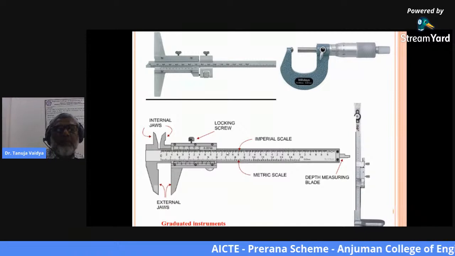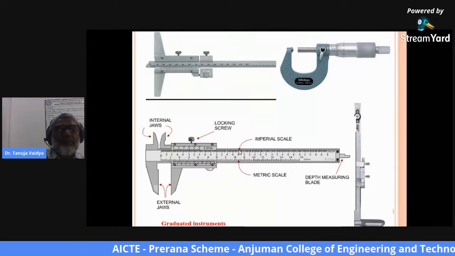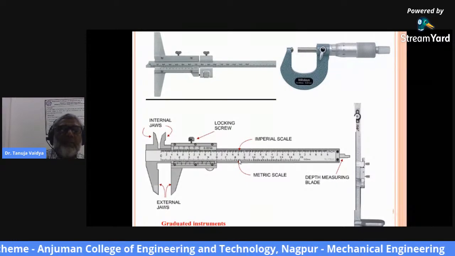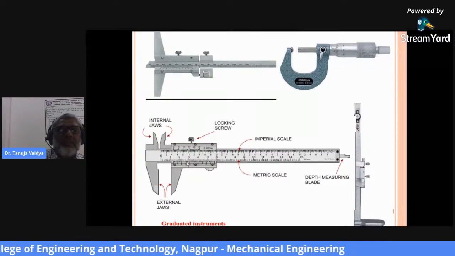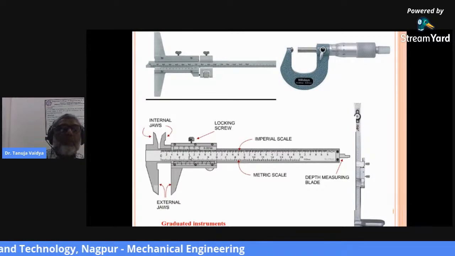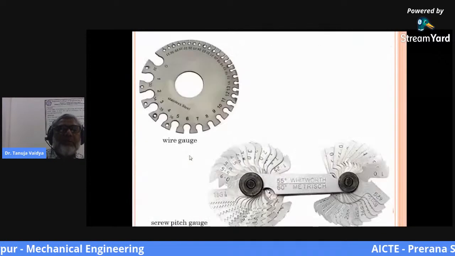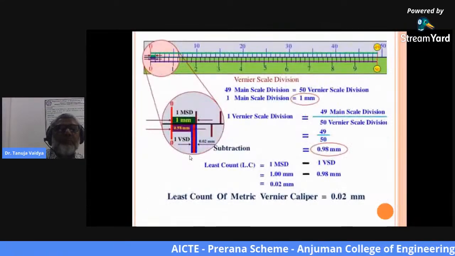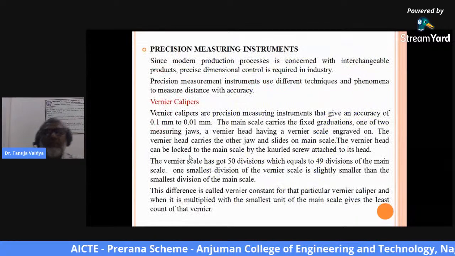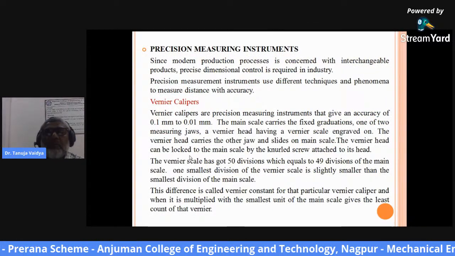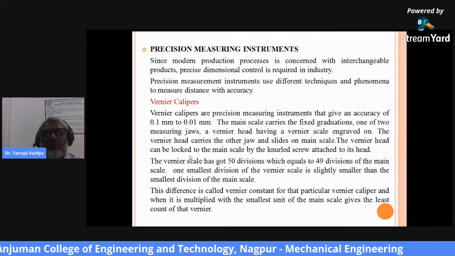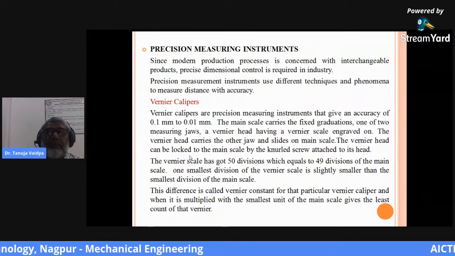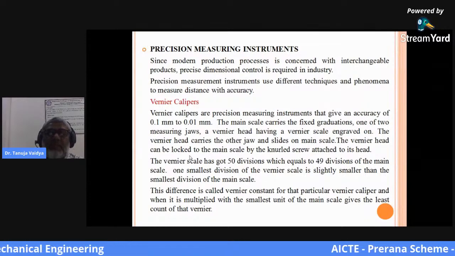The marking on the main scale on the upper end is in imperial units, and in the lower end it is generally in metric units. Similar is the case with the vernier scale also. In a vernier caliper, the vernier scale has 50 divisions, and these 50 divisions equal 49 divisions of the main scale.